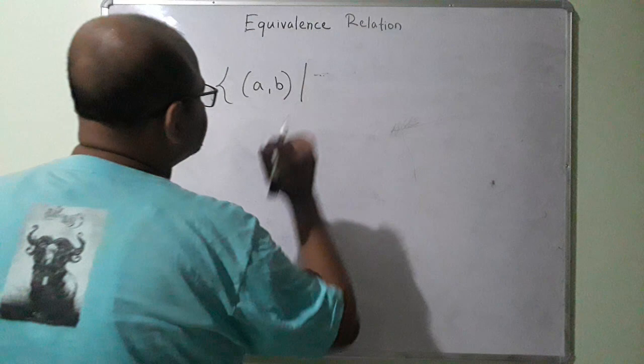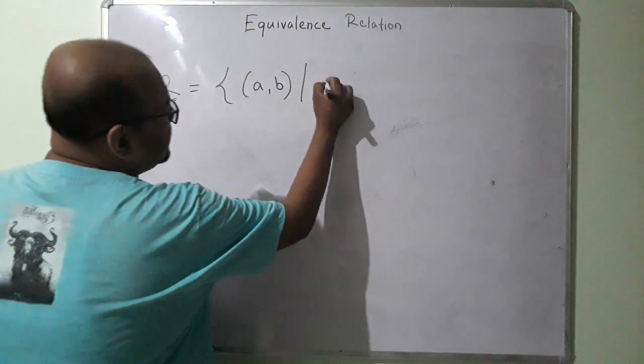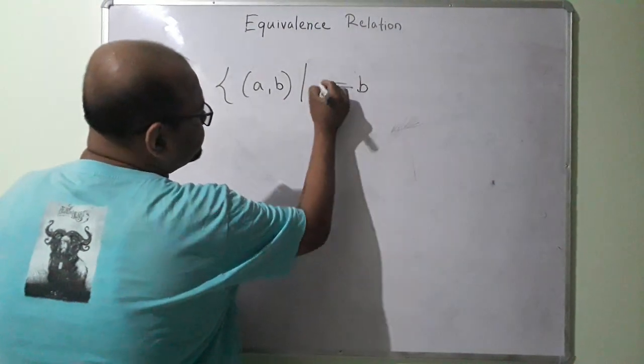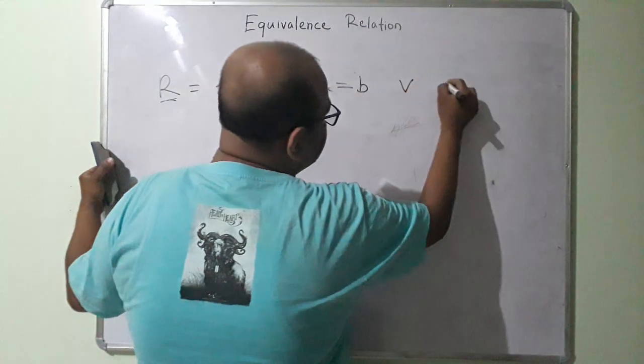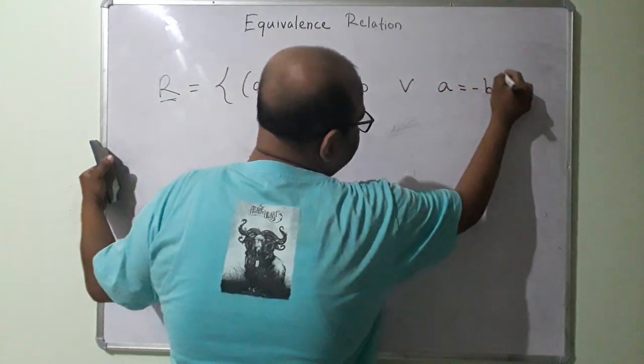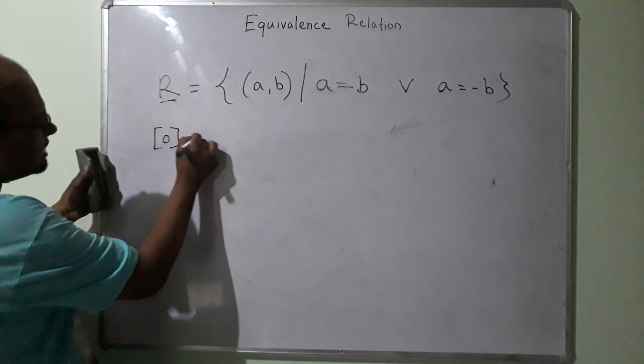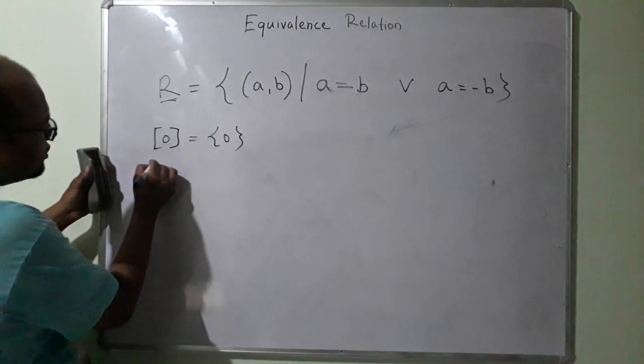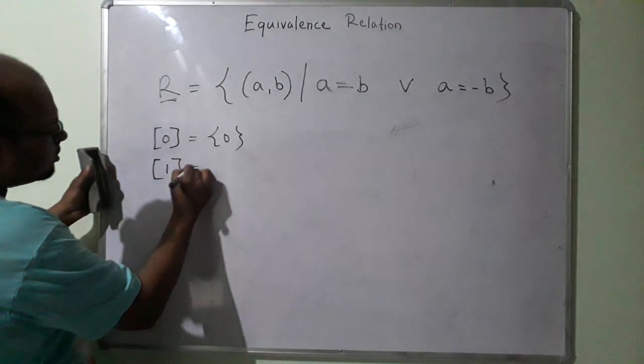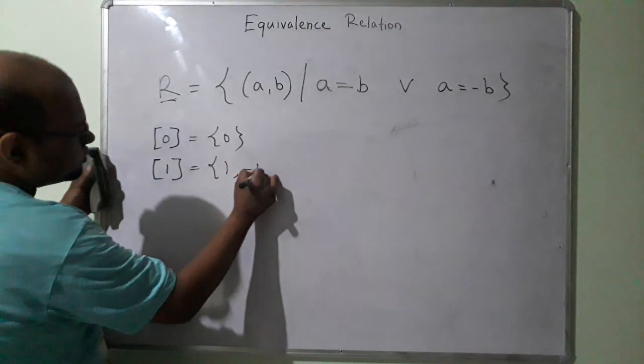Let us look at this relation on the set of integers: a is equal to b or a is equal to minus b. We had seen that the equivalence class of 0 contains only 0. Equivalence class of 1 contains 1 and minus 1.